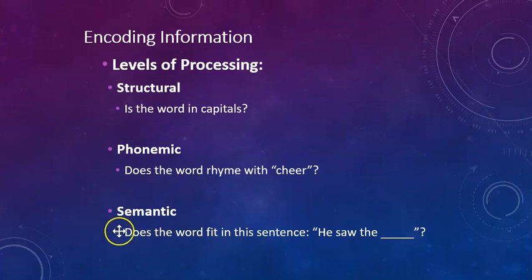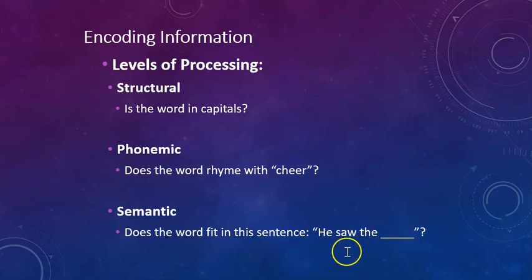Now, the last level of processing here would be semantic. This is, what is the meaning? An example would be, does the word fit in the sentence, he saw the blank? If you're trying to remember a word, then with semantic processing we're asking, does the word fit in the sentence?